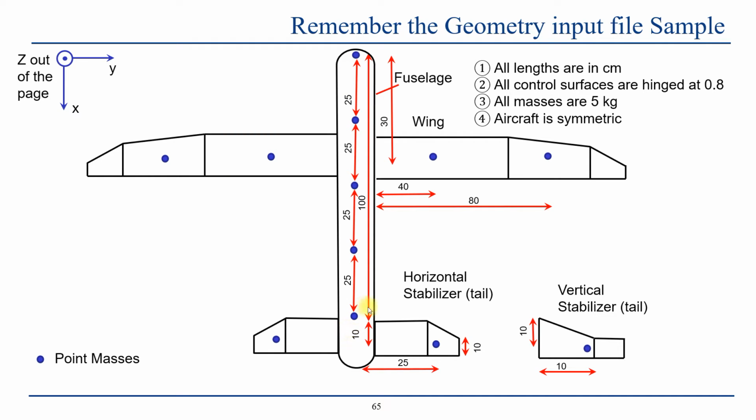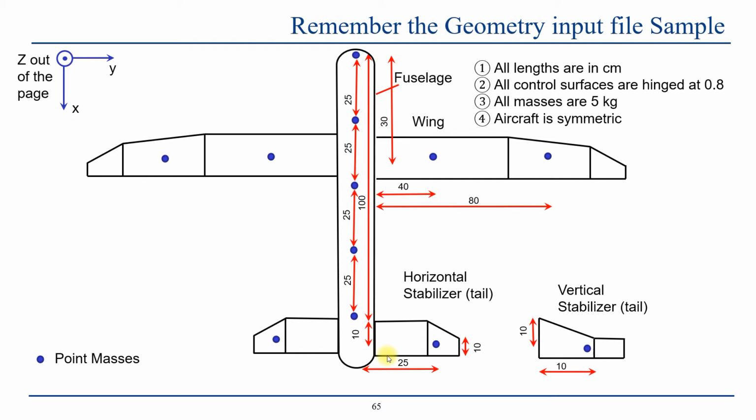You cannot duplicate about the center line for the aircraft fuselage, for example. That's why, even though the aircraft is symmetric, we do have all the points or point masses, but we only have the dimensions for half of this aircraft. So we know that for the other half, the values will be just changing sign about the x-axis, but everything else remains the same.